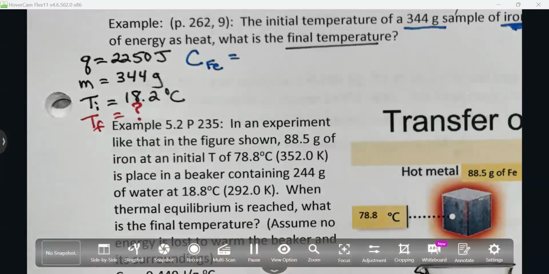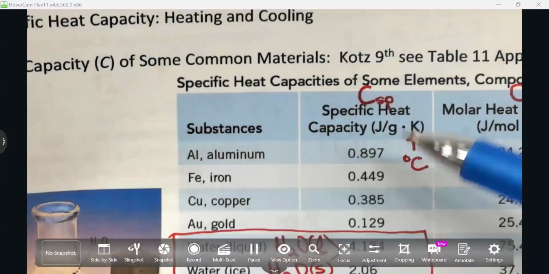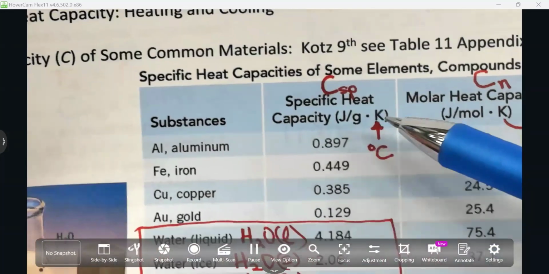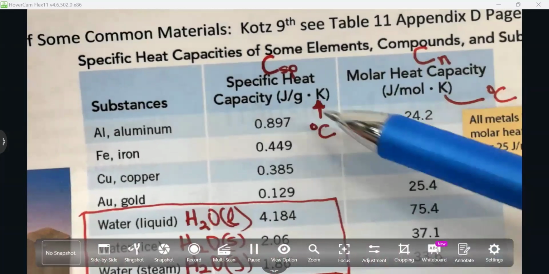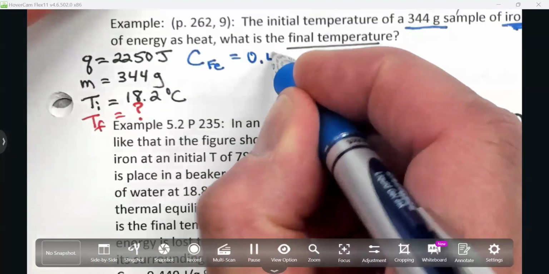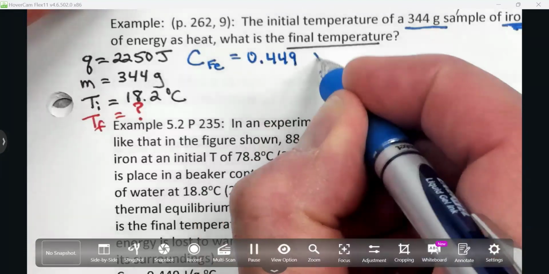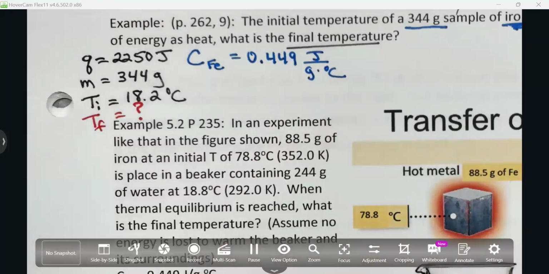Hopefully it's in the previous page. 0.449. All of my chickens, pigs, and cows, I'm going to write down with this: joules over grams times degrees Celsius. So 0.449 joules per gram degrees Celsius.